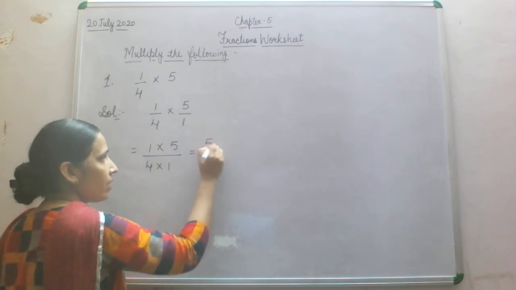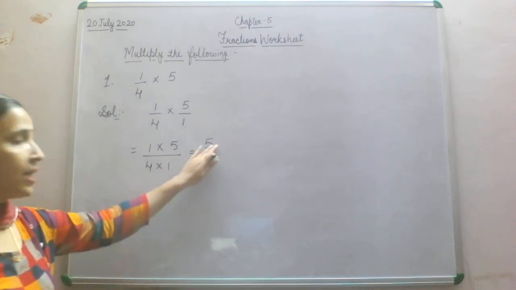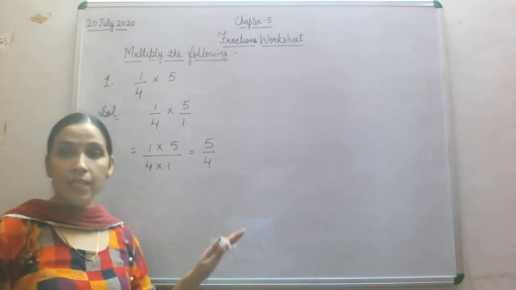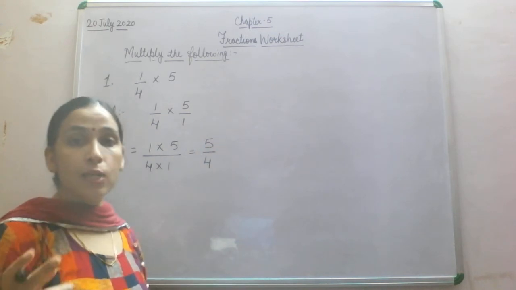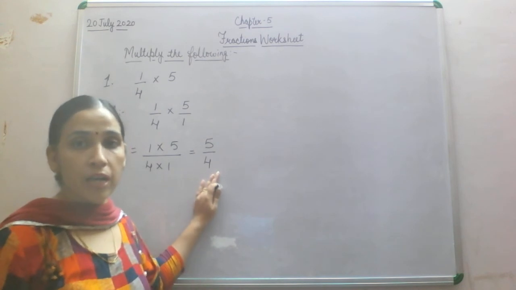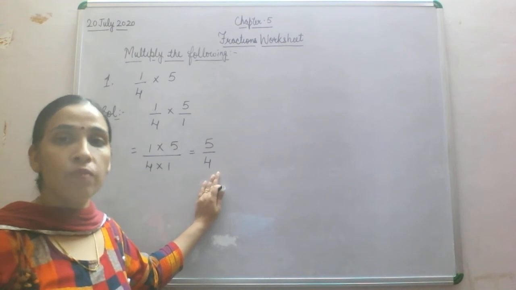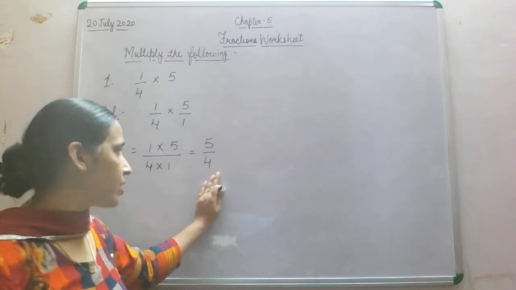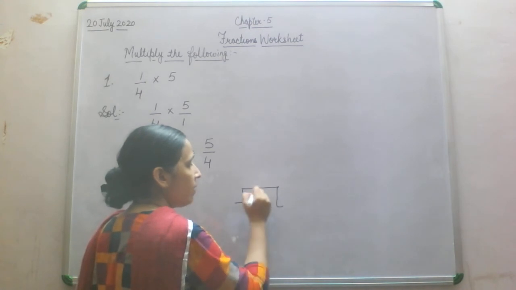5 ones are 5, by 4 ones are 4. Now as you can see here, the numerator is greater than the denominator. So which kind of fraction is this? Improper fraction. So an improper fraction is supposed to be changed into which fraction? Mixed fraction. How will we change it? By dividing it.